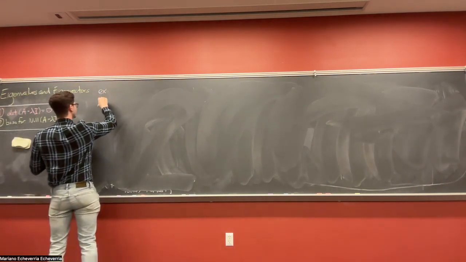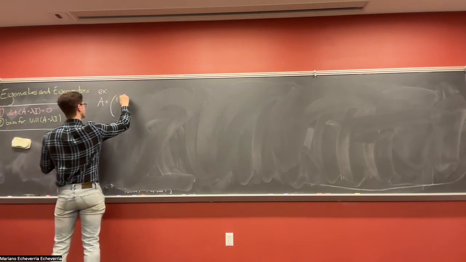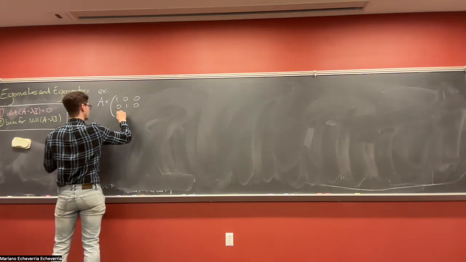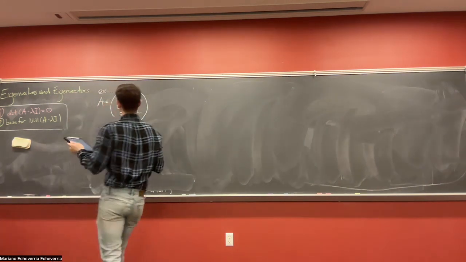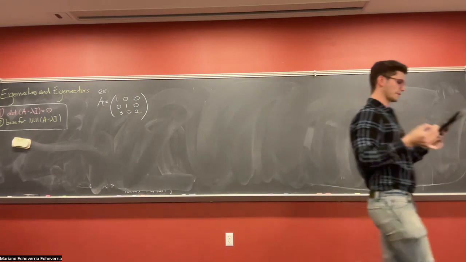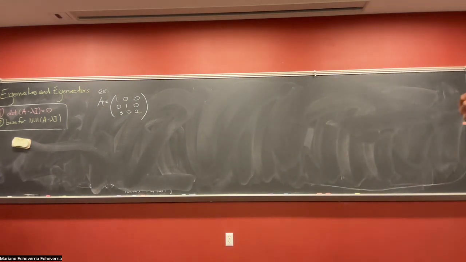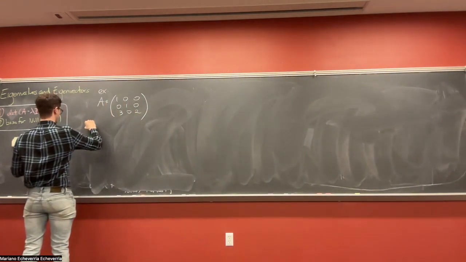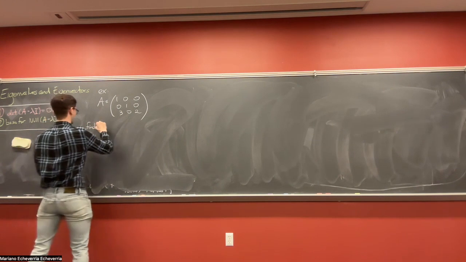I give you this matrix: 1 0 0, 0 1 0, 3 0 2. The typical question would be: find the eigenvalues and the corresponding eigenvectors.